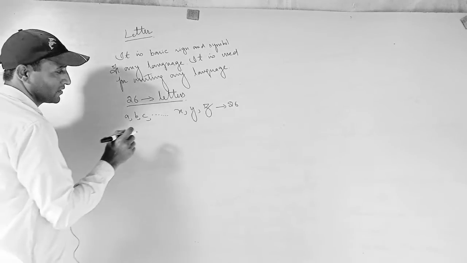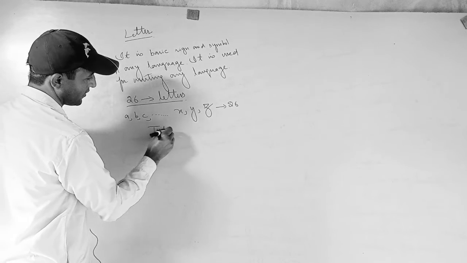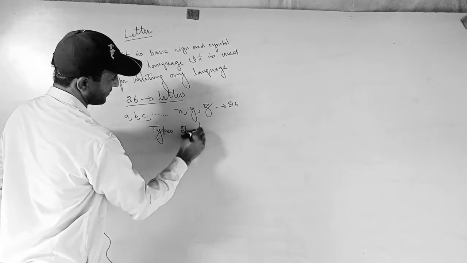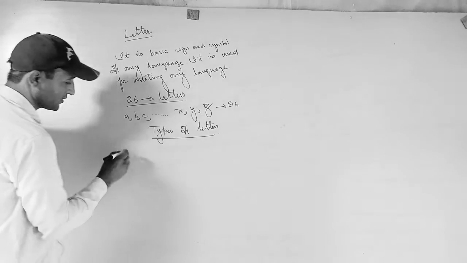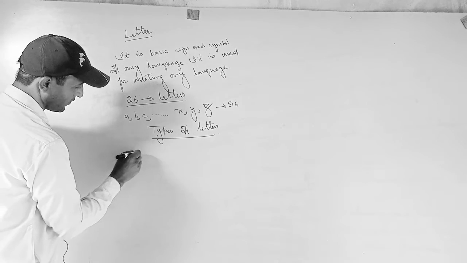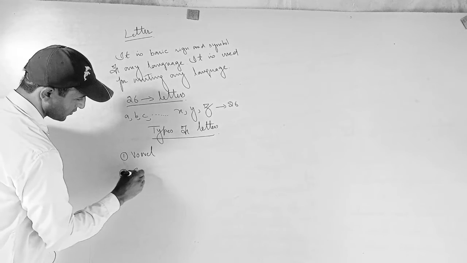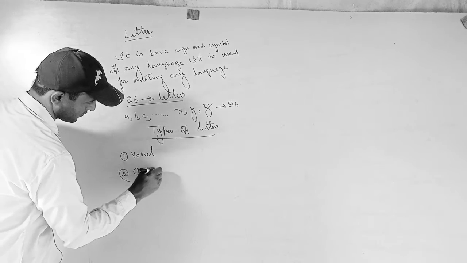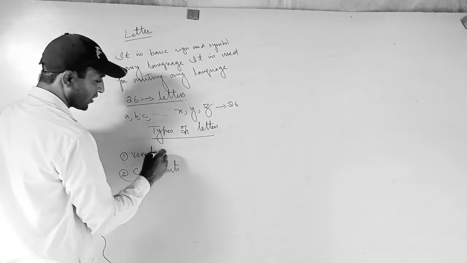In 26 letters there are two types of letters. First we have vowels and then we have consonants. So which are vowels?